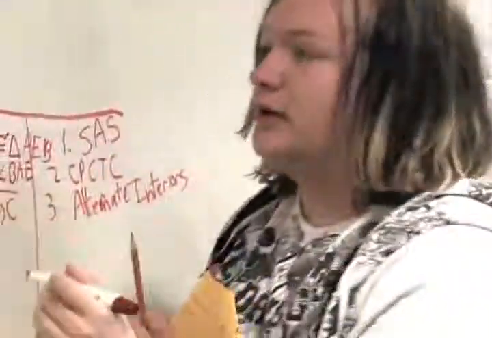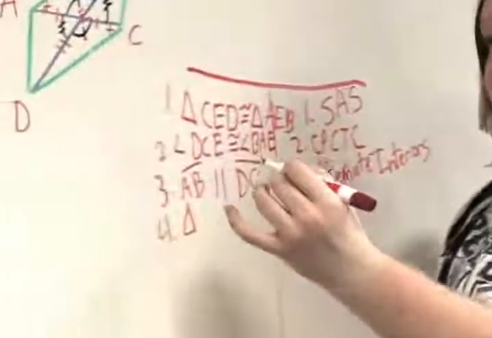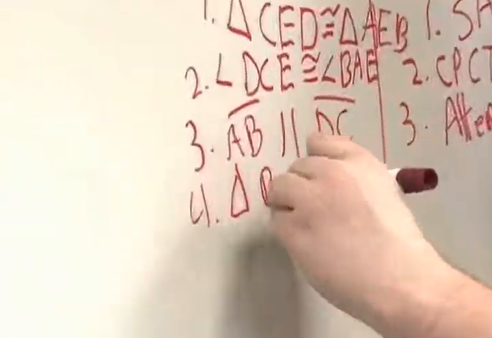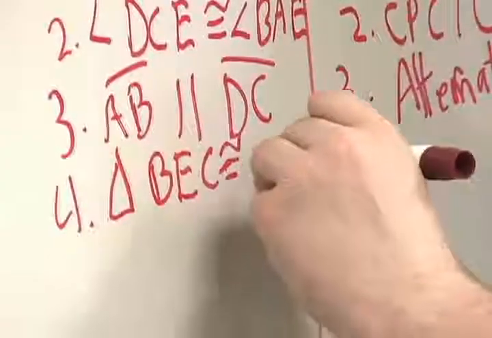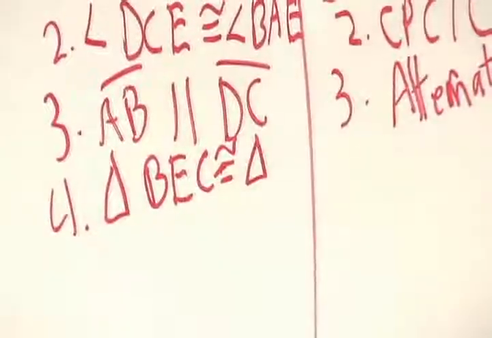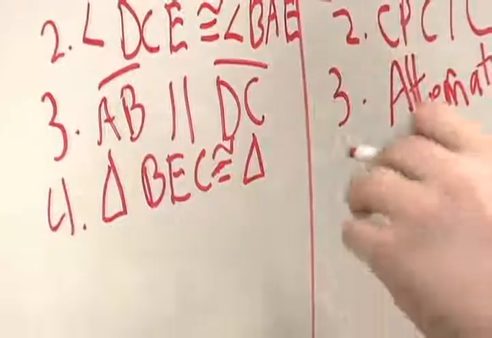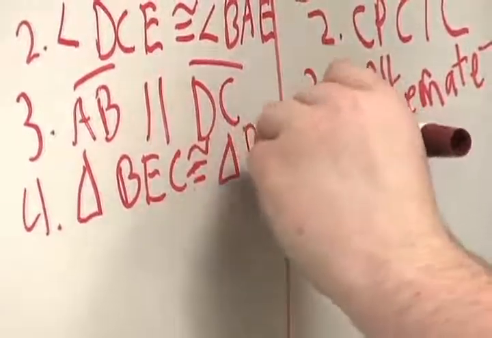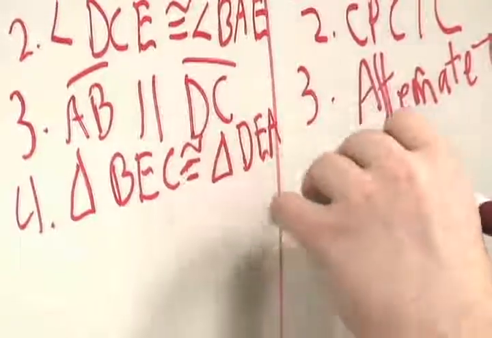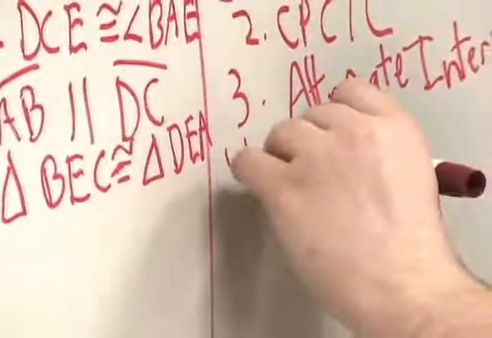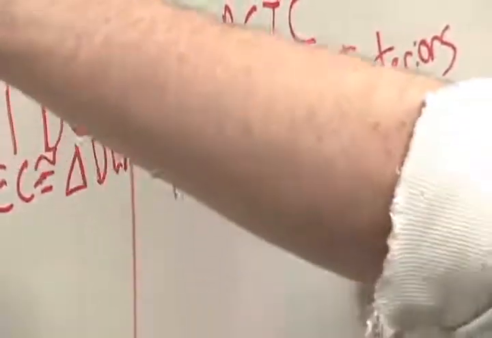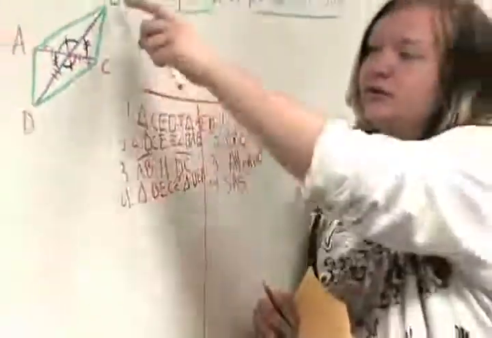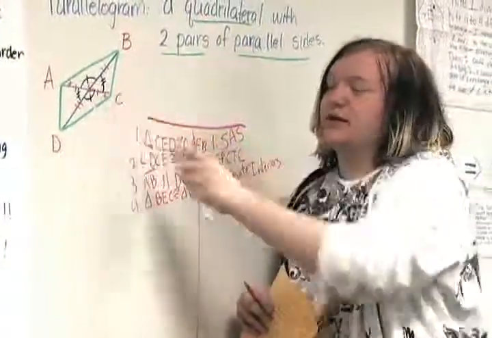Then you have triangle BEC congruent to triangle DEA. And that's also because of side-angle-side. So it's side 2, angle 2, side 1, and then over here it's side 2, angle 2, side 1.